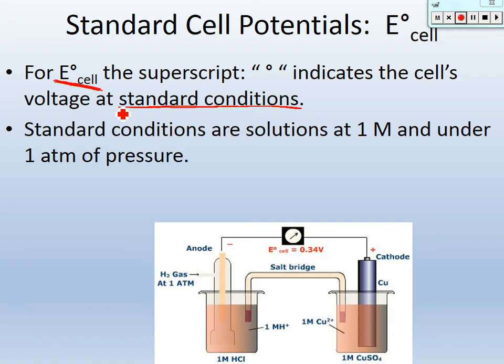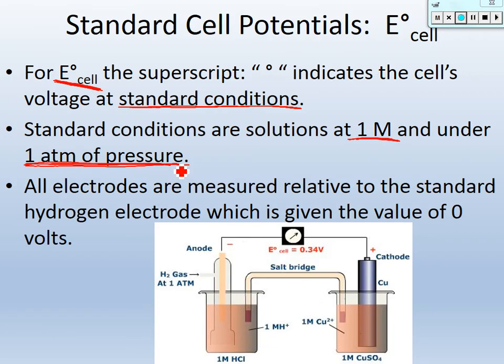So what are standard conditions for an electrochemical cell? Standard conditions are 1 molar concentration and 1 atmosphere of pressure. If you build your electrochemical cell using solutions at 1 molar and under 1 atmosphere of pressure, then you've built one under standard conditions.